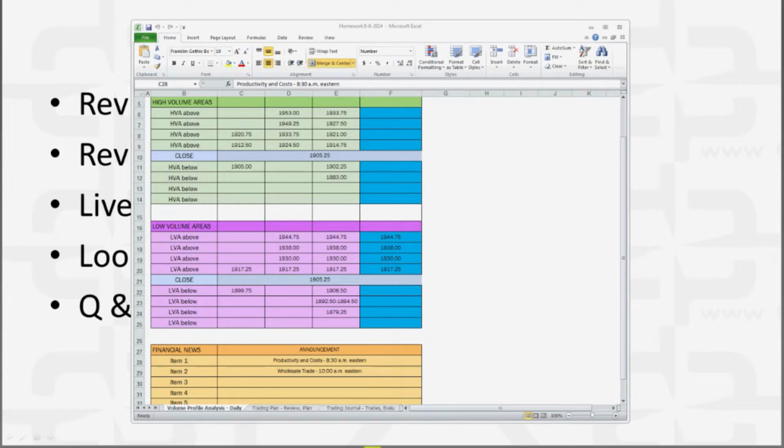And again, if your numbers are different than mine, I'm not going to worry about it too much. The key thing in all of this is that you worked to get those numbers out there.